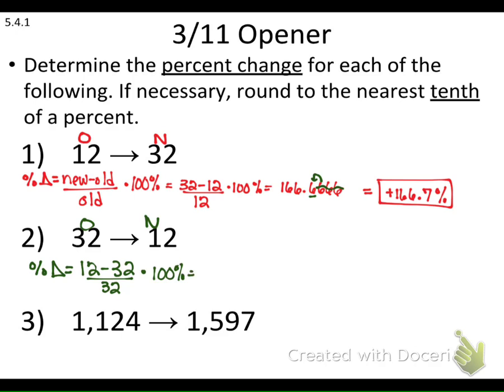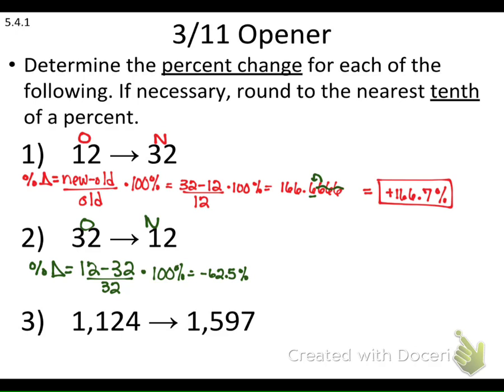Okay. All right, go ahead and calculate that for me. Negative 62.5. Negative 62.5 exact? You sure? Y'all agree? Double check it. I don't think you typed in your 2. I think you just typed in your 3.